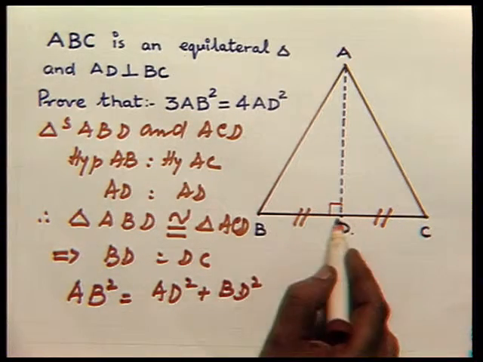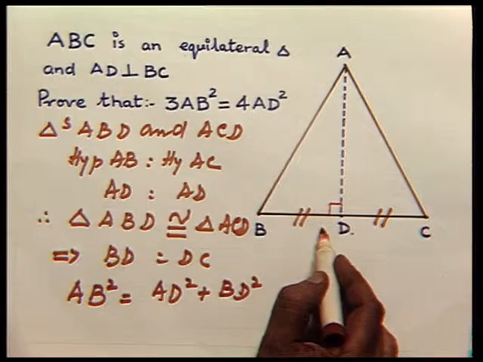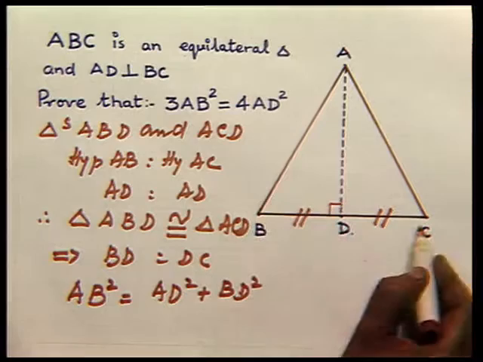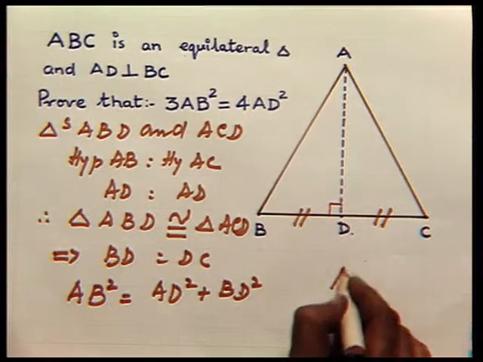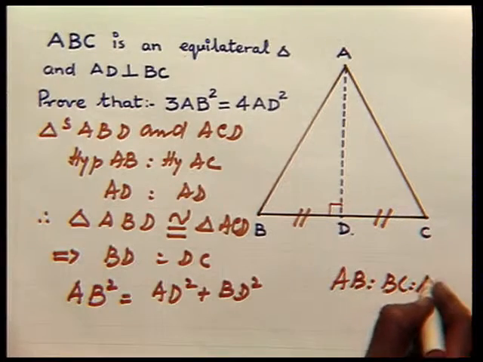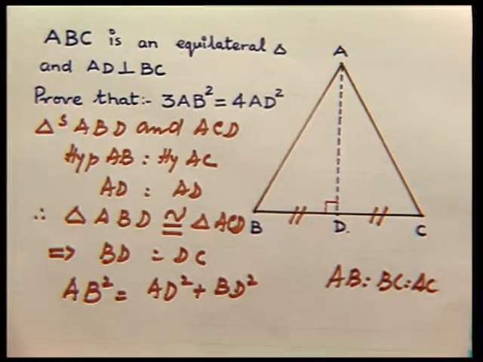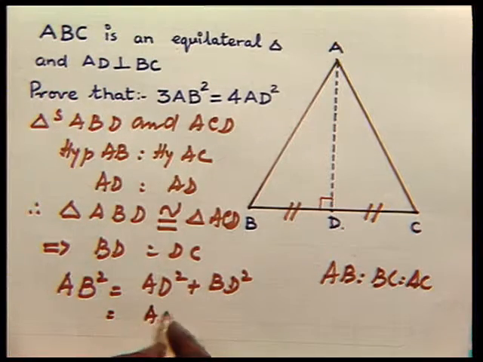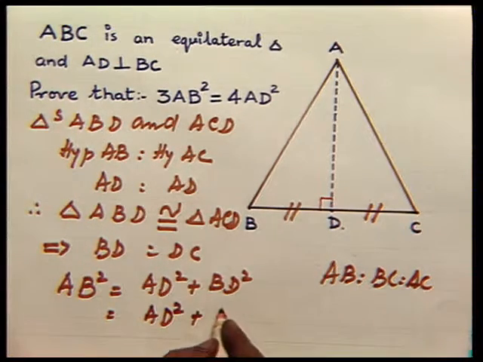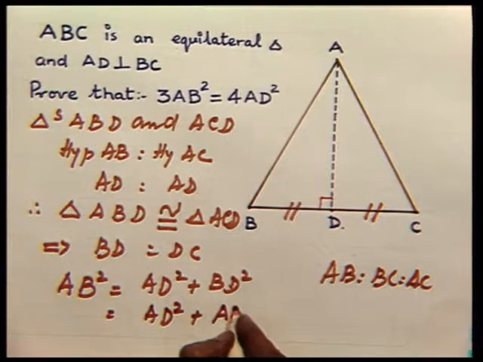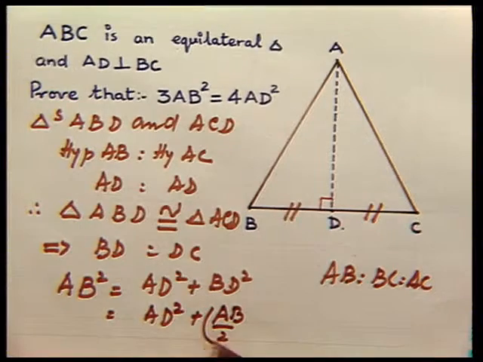We have already shown that BD is equal to DC. That means BD can be written as BC divided by 2, and since the triangle is an equilateral triangle, AB is equal to BC is equal to AC. So, we can replace this BD by AB by 2 whole squared.